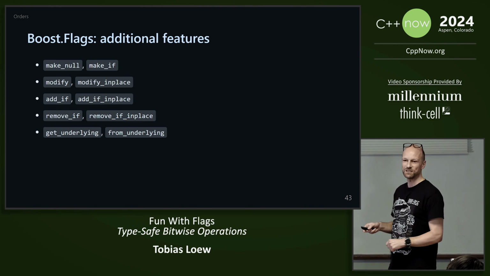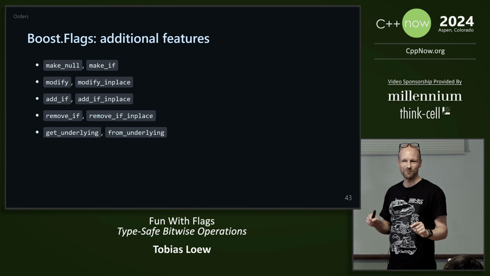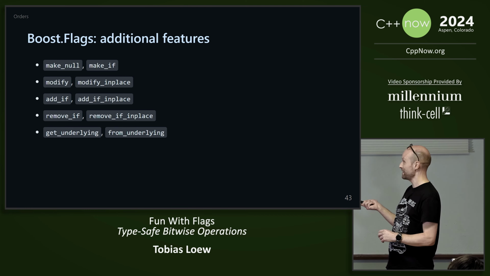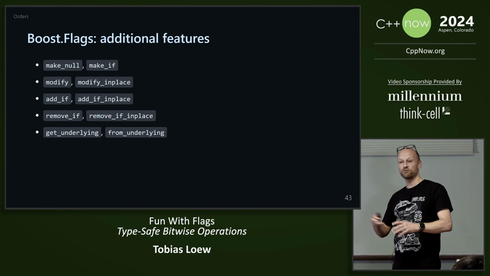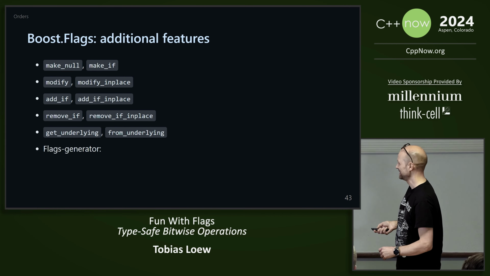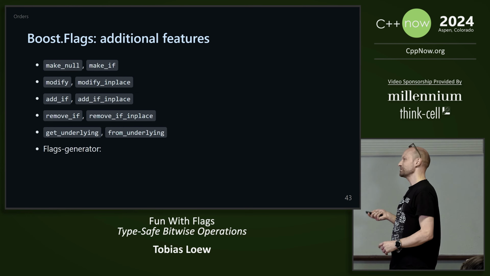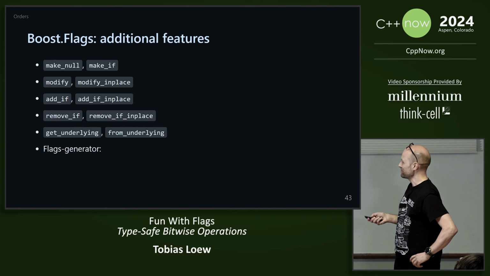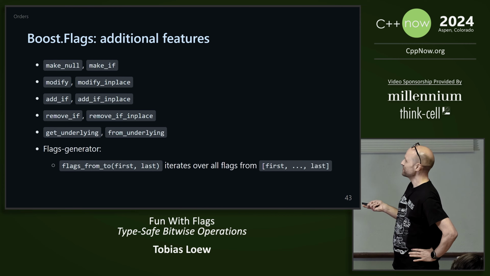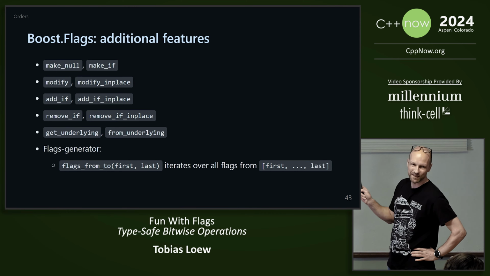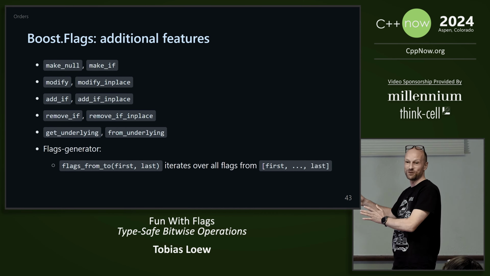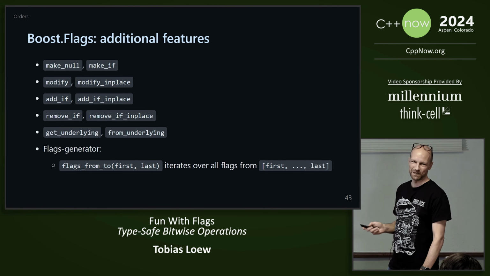If you use them, you can look them up a lot faster, because it will only pick up those if you search for it and not every static cast in your program. And there's also, as asked by a friend, a flag generator which generates all the single bits up to a certain bit.